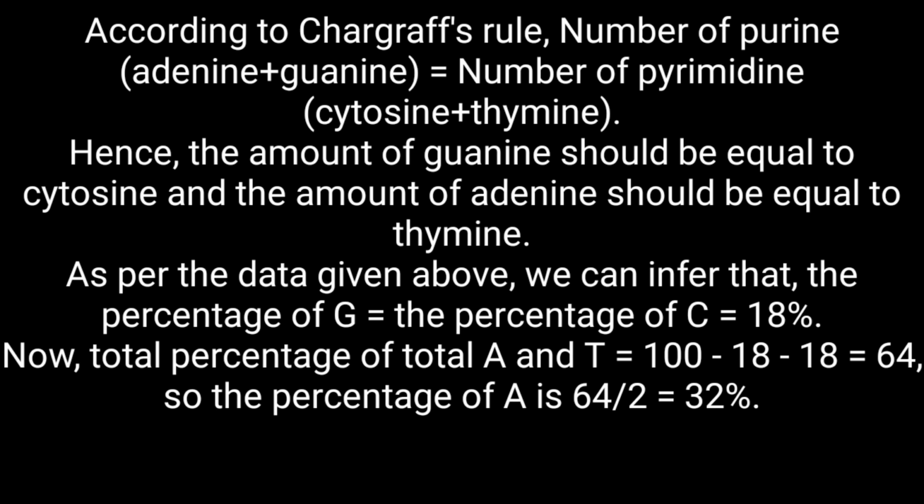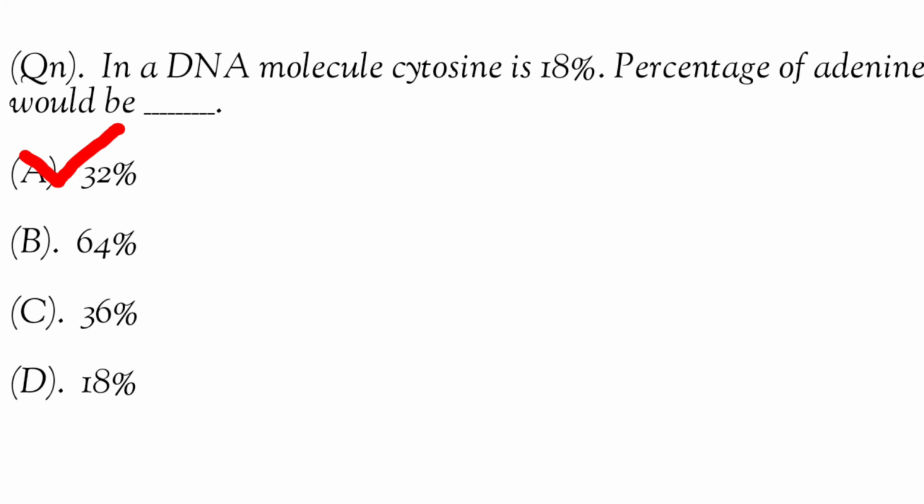Now, the total percentage of A and T equals 100 minus 36, which equals 64. So, the percentage of A is 64 by 2, which equals 32 percentage. Hence, option A, 32 percentage, is the right answer.